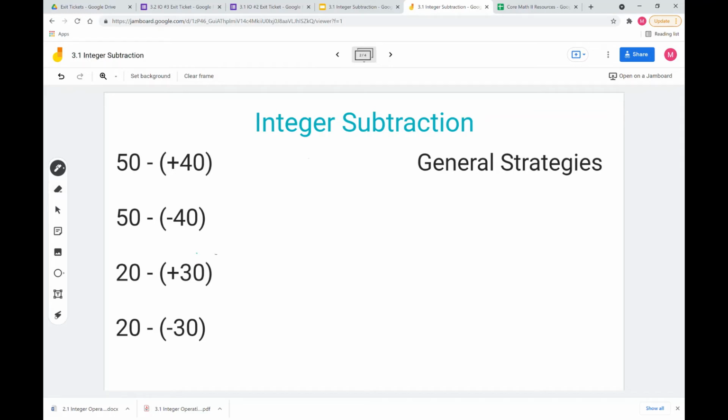So I want to write those strategies again as a reminder so people do not forget, and it doesn't hurt to write them again. Look at the two signs next to each other.